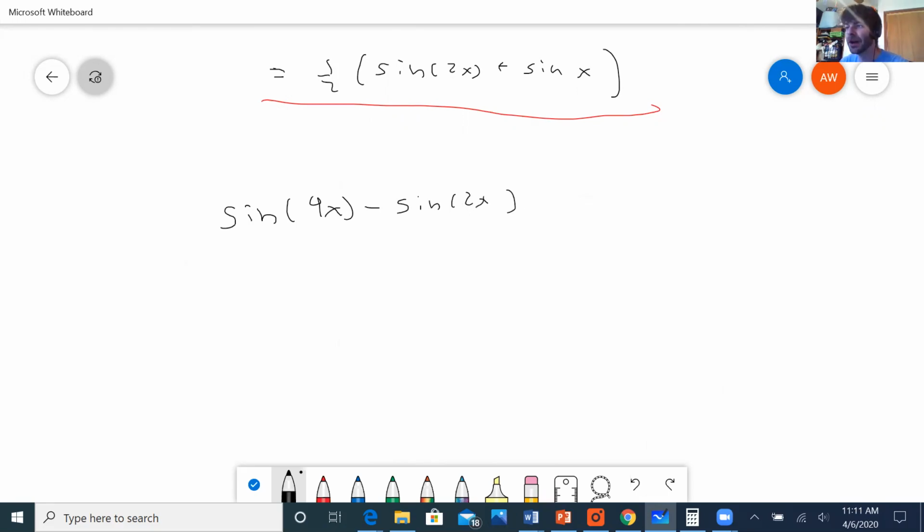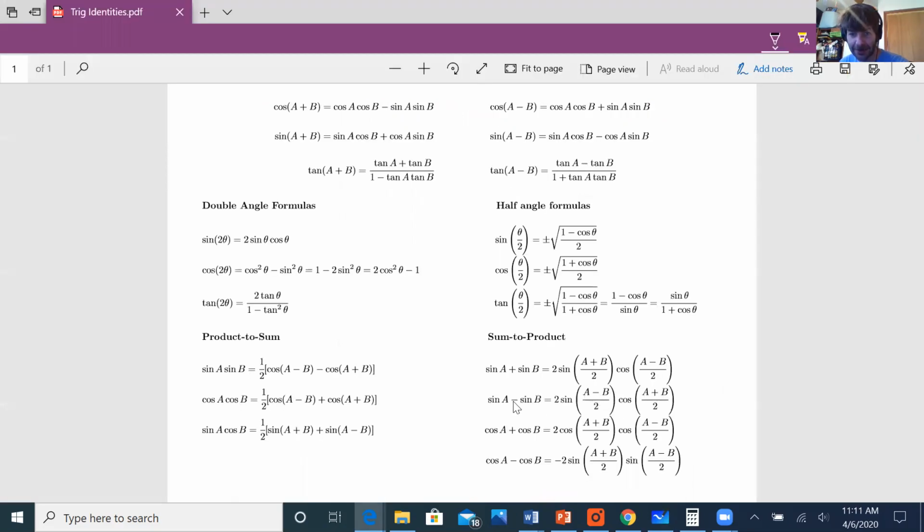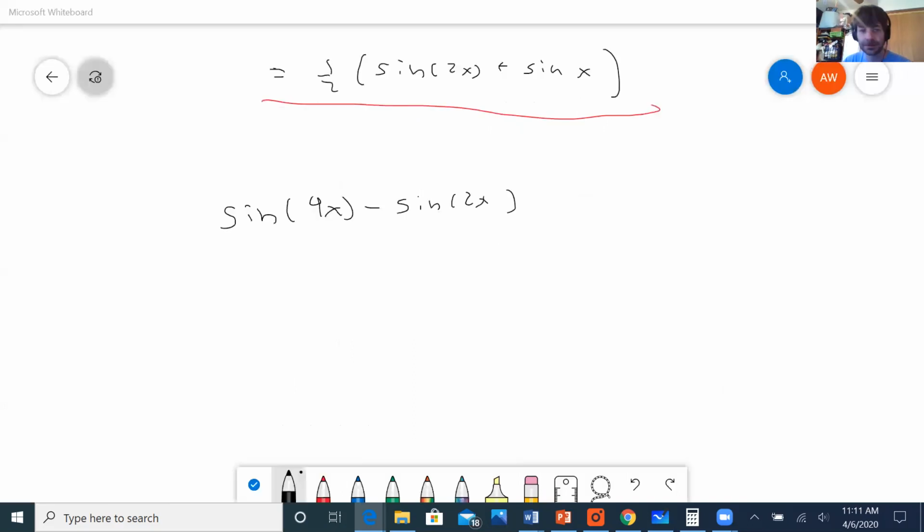All right. So now I have a difference of sines. So I'm looking at sine A minus sine B. That's this guy right here. So I'm just going to plug it right in.